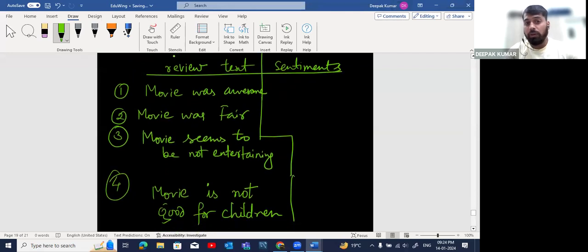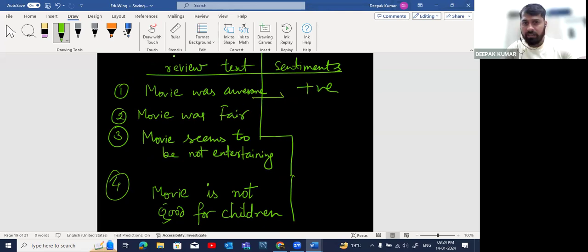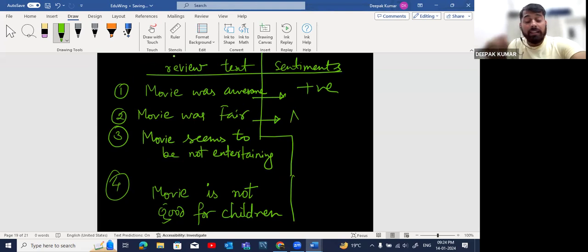So if I go for movie was awesome, what is the sentiment? Positive, negative, or neutral? Guys, you answer. Positive. I'll write it positive. Second one, what should be the answer? Movie was fair. It was all right. It's neutral. Fair, neither good nor bad.